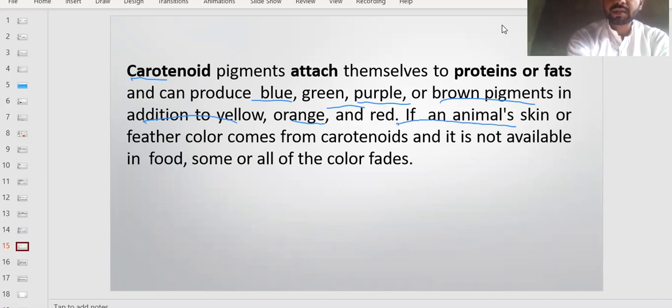If an animal's skin or feather color comes from carotenoids and they are not available in food, some or all of the color fades.